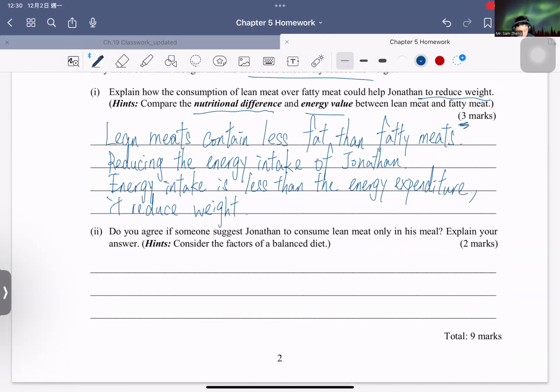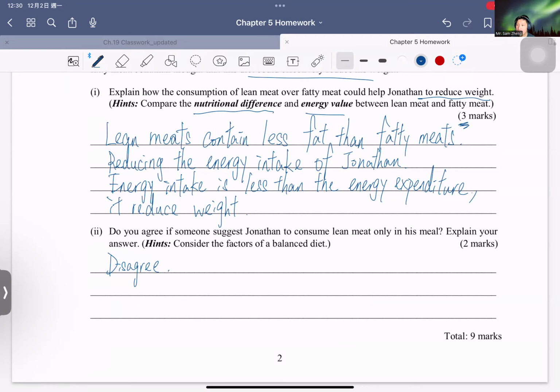Next, do you agree if someone suggests that Jonathan consume lean meat only in his meal? Explain your answer. So, absolutely, it would be not agree. It must be disagree. So why? Think of it this way: as a balanced diet, will we only eat the lean meat? No. We will also eat other food, for example, fruit or vegetables.